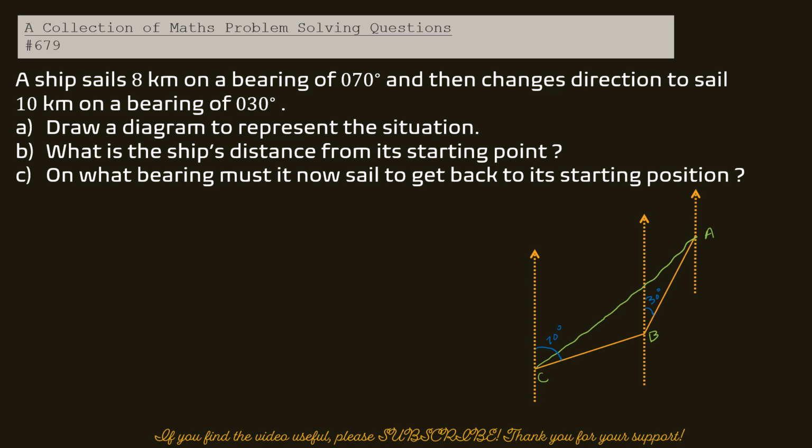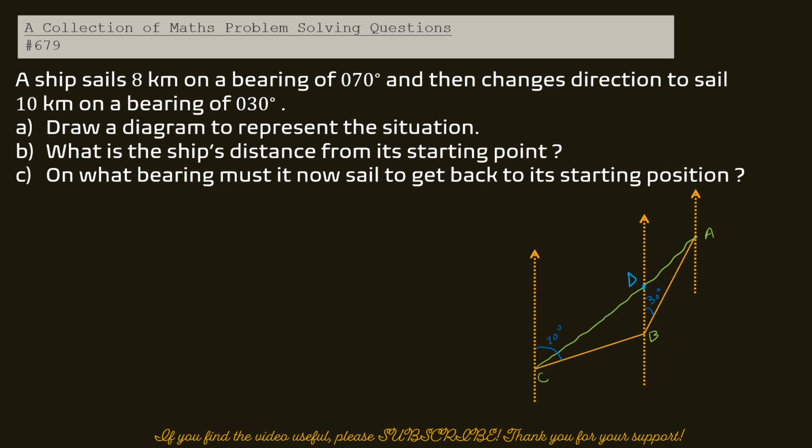So what I will do is, I have to find some of the other angles. I have to find out what this angle is. If I name this point as D, then I've got to find what angle DBC is.